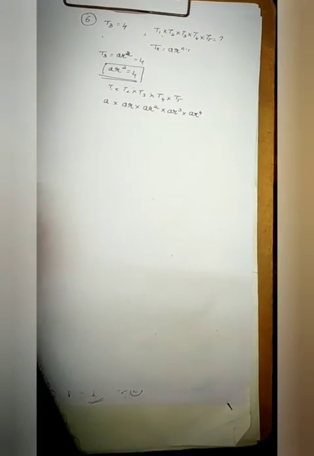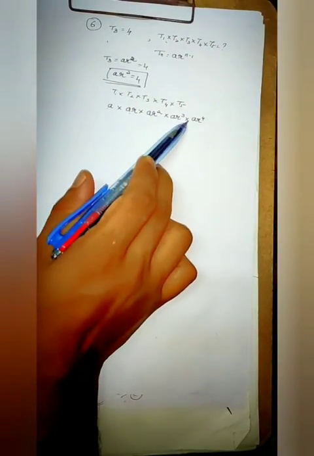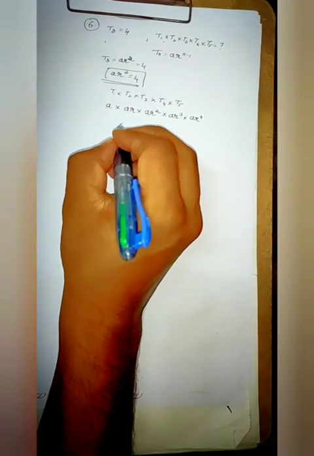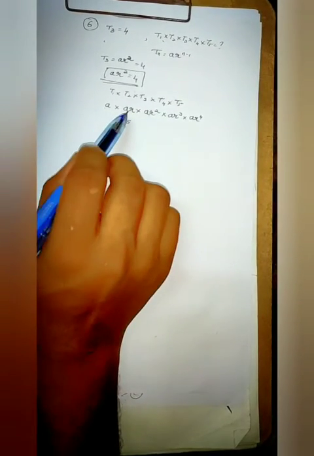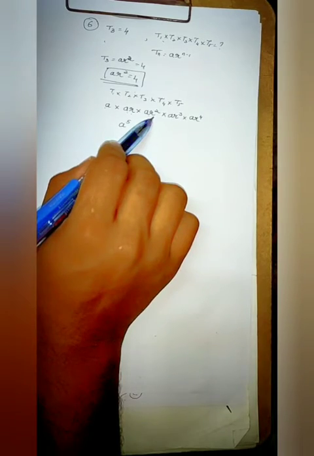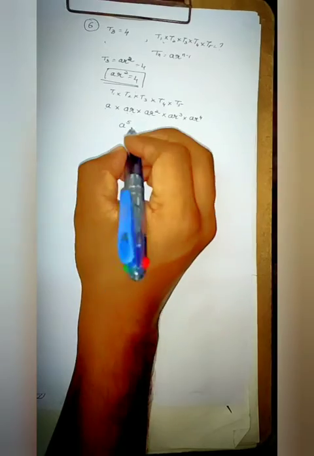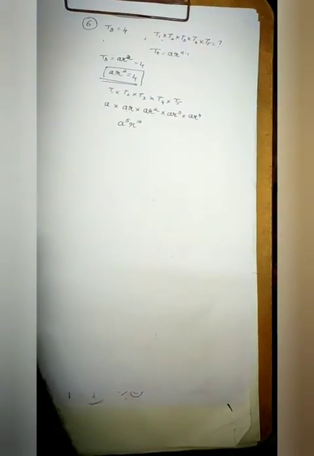So this is what they are expecting you to answer. How many A's are there? Just count it out. There are 5 A's, so the power of A will be 5. How many R's are there? 1, 2, 3 totally, then 3 plus 3 is 6, 6 plus 4 is 10. So R to the power 10.